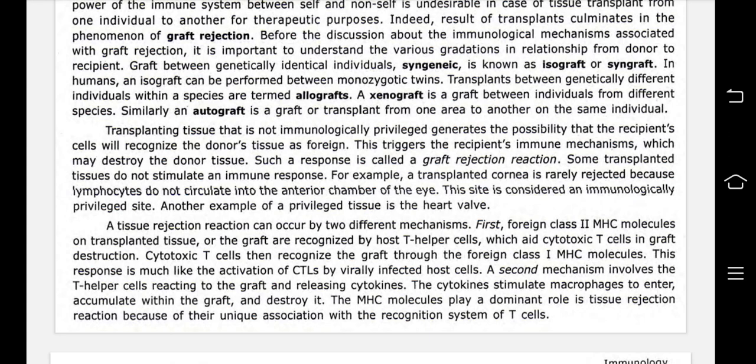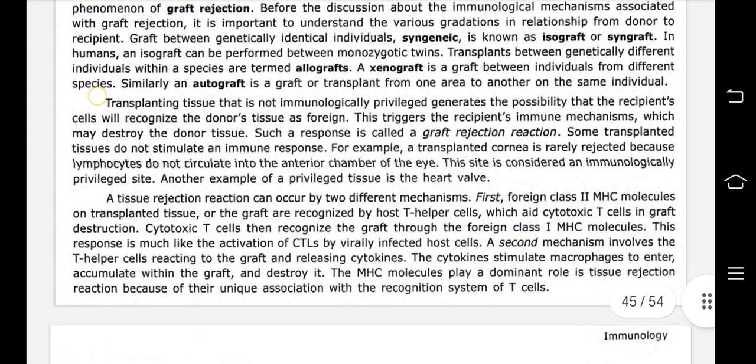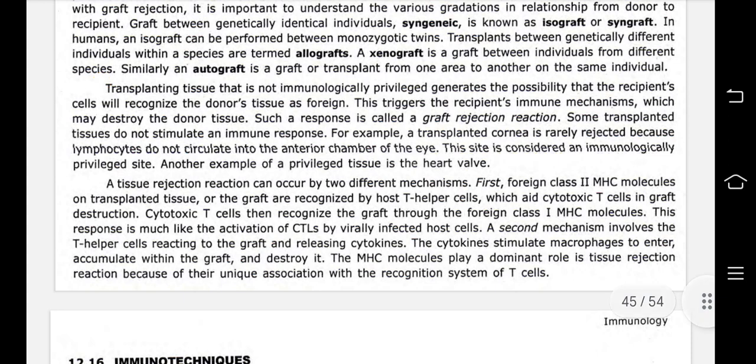Transplants between genetically different individuals within a species are termed allografts. A xenograft is a graft between individuals from different species. Similarly, an autograft is a transplant from one area to another on the same individual.